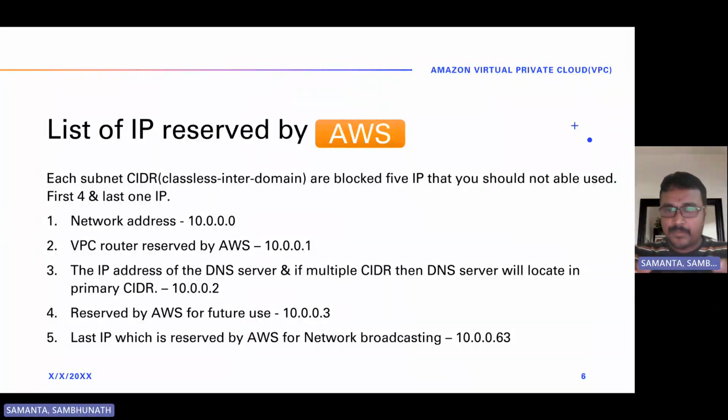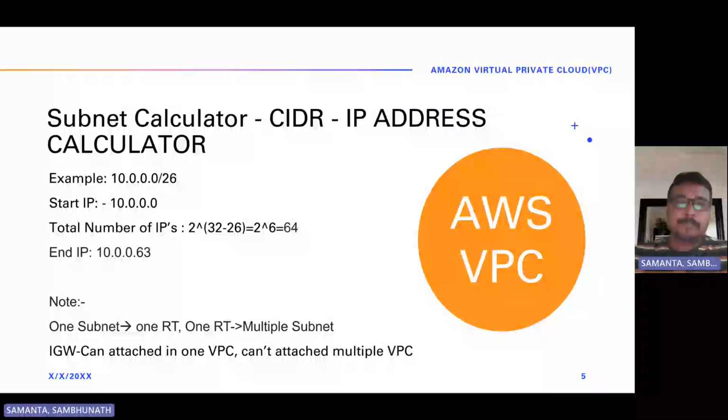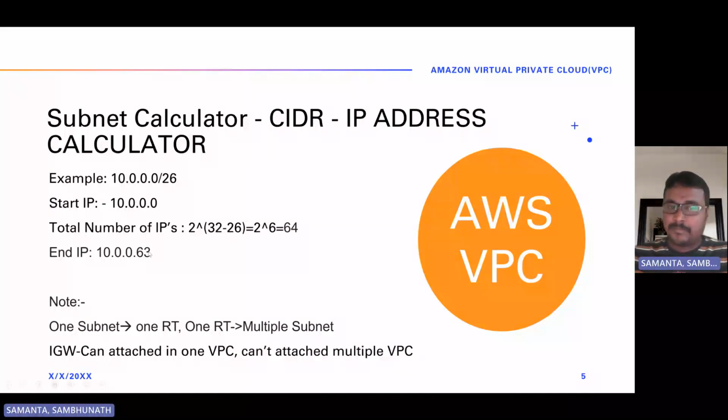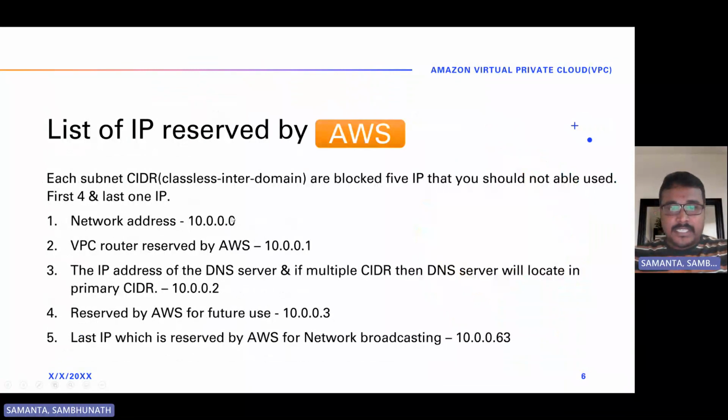I hope you got a clear idea of this list of five IP addresses. So if it is a /28, here there are 16 IP addresses. Then the end IP address will be 10.0.0.15. So here 0, 1, 2, and 3, and then 15. 10.0.0.15 will be blocked for the network broadcast.